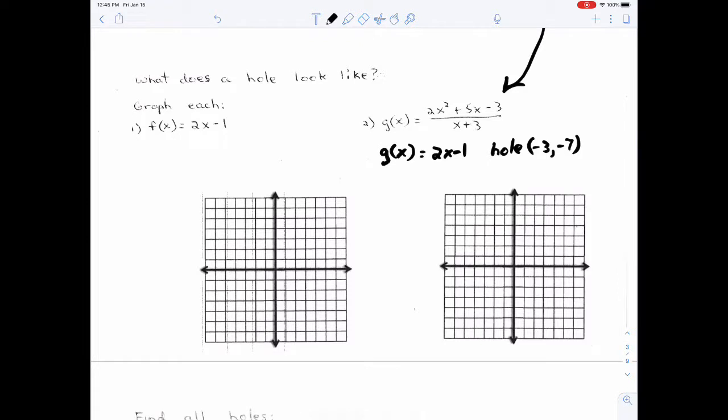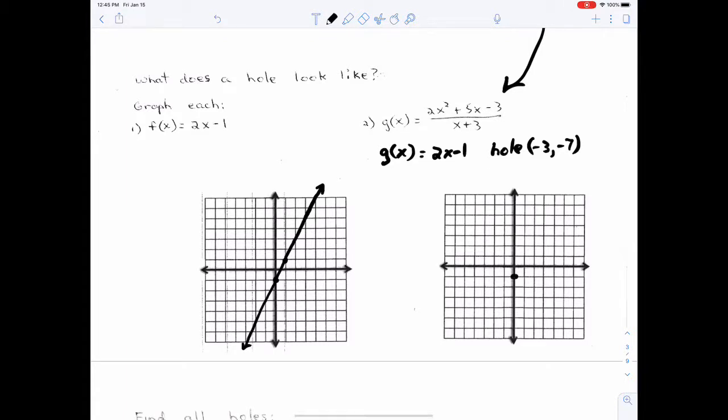Well, 2x minus 1 is just a line, so we go down to -1, and then we go up 2 and over 1. And we draw the graph, best you can. Okay, how about this one? We do the same thing.